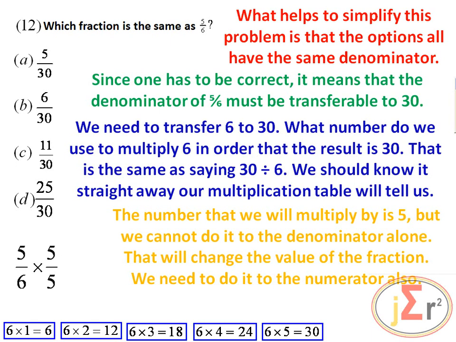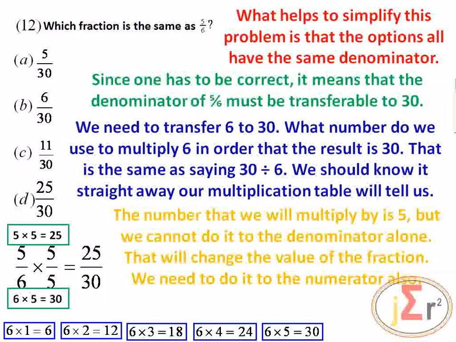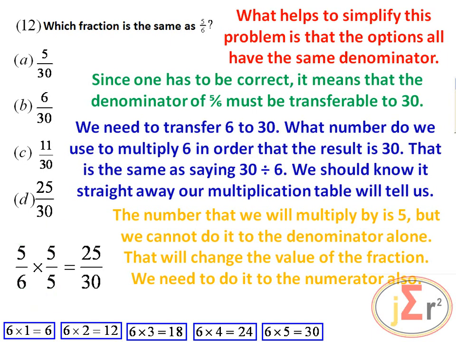So we multiply both numerator and denominator by 5. And what will be the result? 5 5s, 25, and 6 5s, 30. So our answer will be option D, which is 25 over 30. The correct answer is option D.